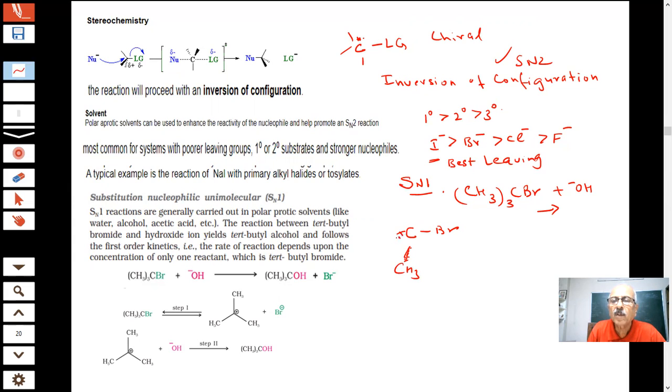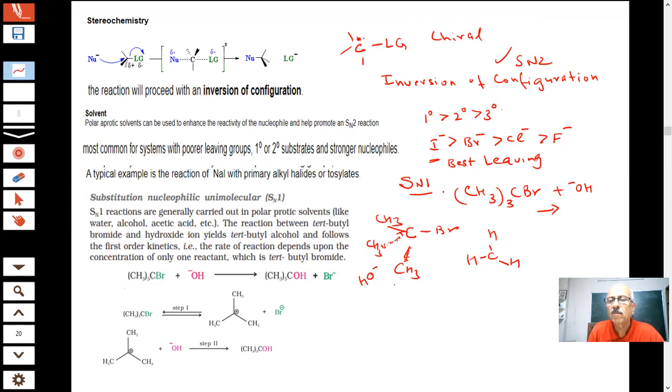Now these are very big groups. You can see the CH3 groups, there are 3. Can the OH minus come from this side?